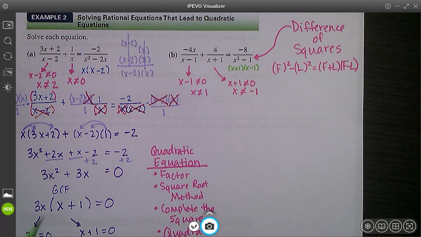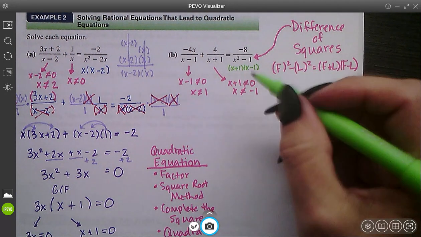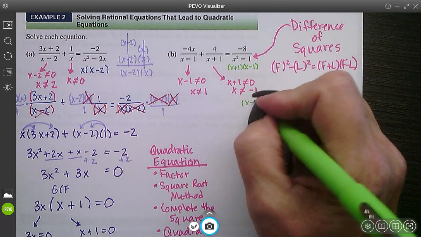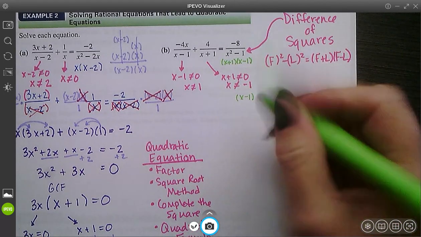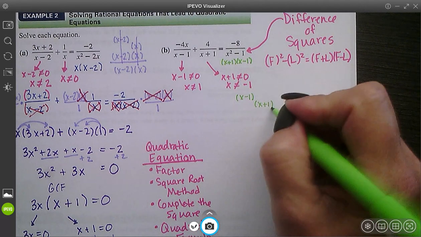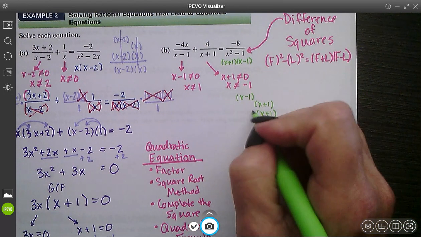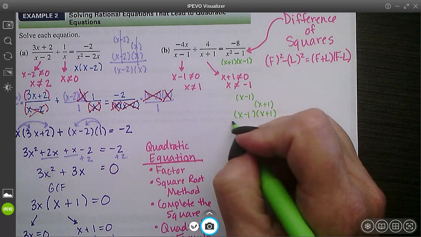What I am going to do is figure out what the LCD is and then multiply each term by the LCD over 1. So for my LCD, I have x minus 1 for one denominator. I have x plus 1 for another. And then my third denominator has x plus 1 times x minus 1.